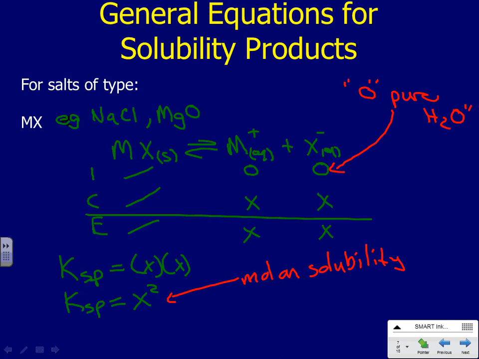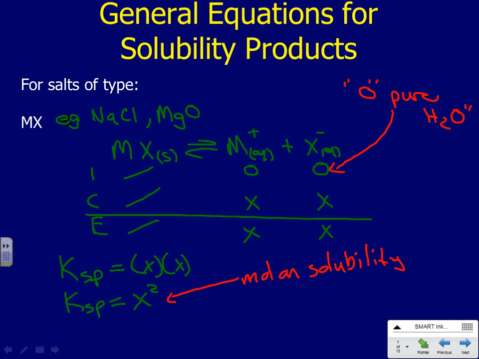All right. Now, that's what we want to find. In all of these questions, we might ask, what's the solubility of magnesium oxide? What's the molar solubility? If the question is asking for the molar solubility, you're solving for X. X is the molar solubility. It is the amount of this stuff that dissolved to break apart into its ions. A question that you might get might be, if the molar solubility is a given number, determine the KSP. There's your equation right there.